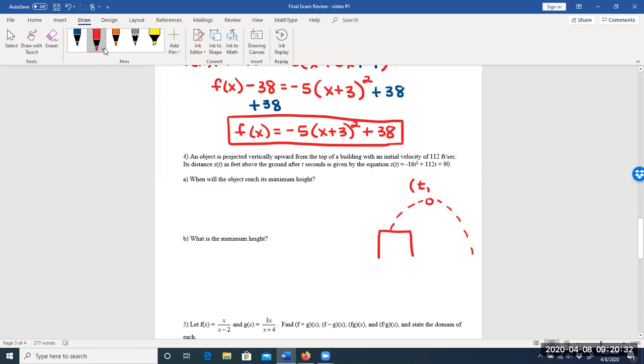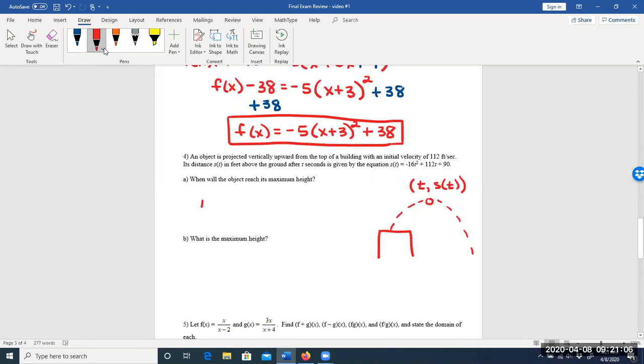So we basically need to know the coordinates of this top point here. And this top point here is just the vertex. So to find when it's going to reach its maximum height, we just need to find the x coordinate of the vertex, which I guess it's the t coordinate since they've used t instead of x.